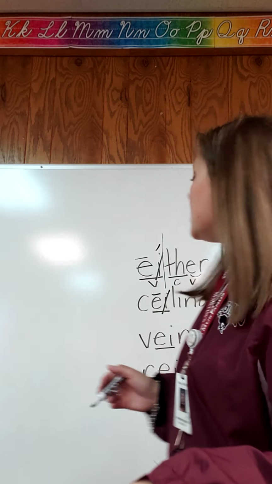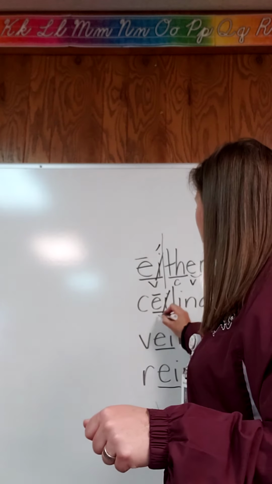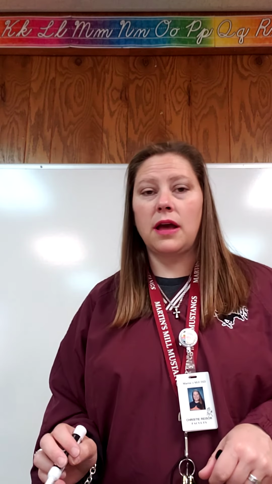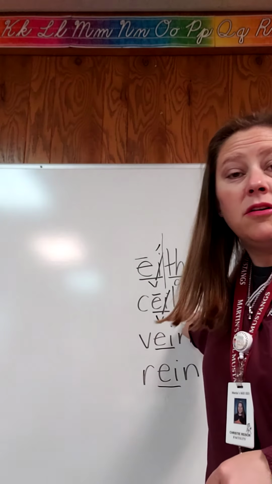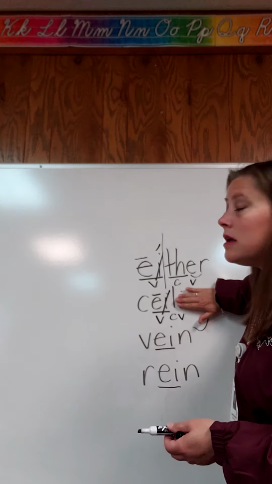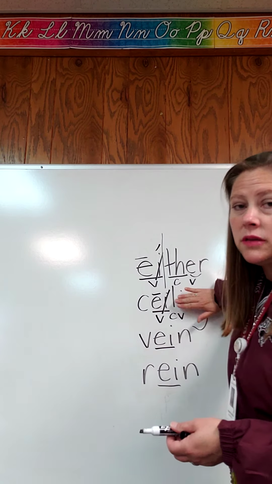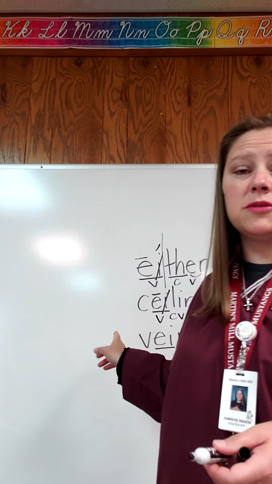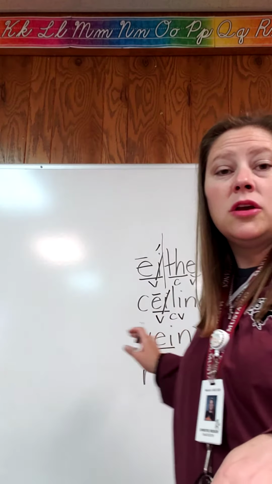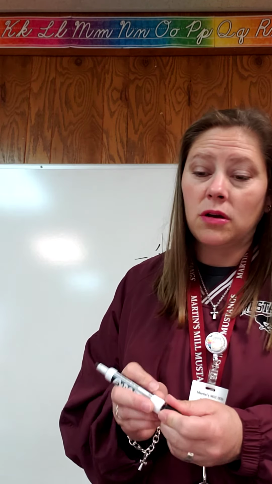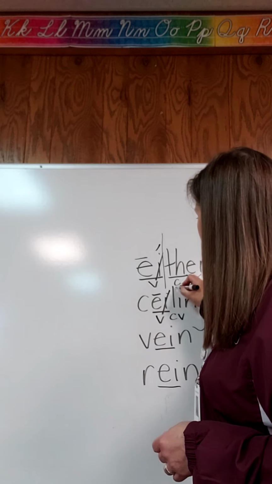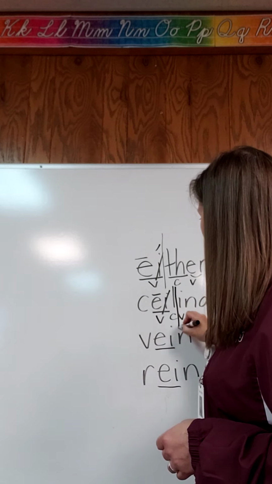Okay, all right, same thing for the next one. You've got a V, C, V pattern here, okay? Because I know you might see ing, but in that particular word, if you take away ing, are you left with a base word? No, no base word. So in this particular one, it's not going to be suffix ing. Okay, so again, you're going to want to figure out where the split goes on that one. In this particular one, we're going to split right here.